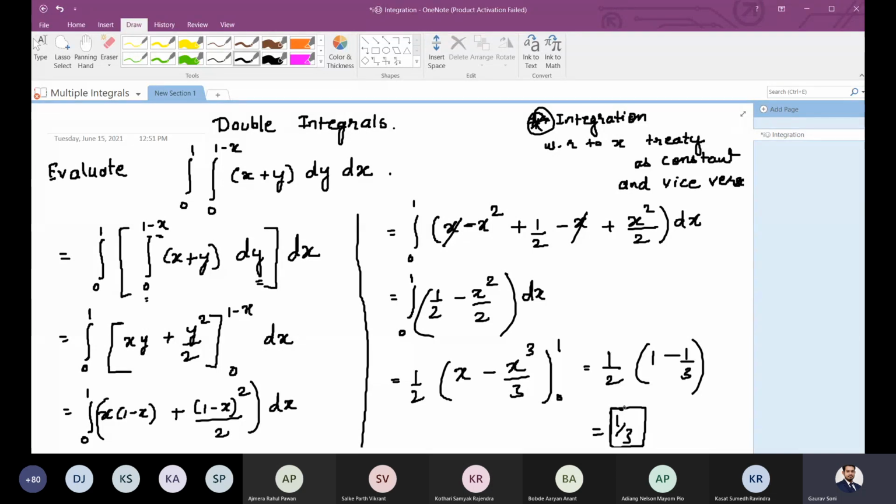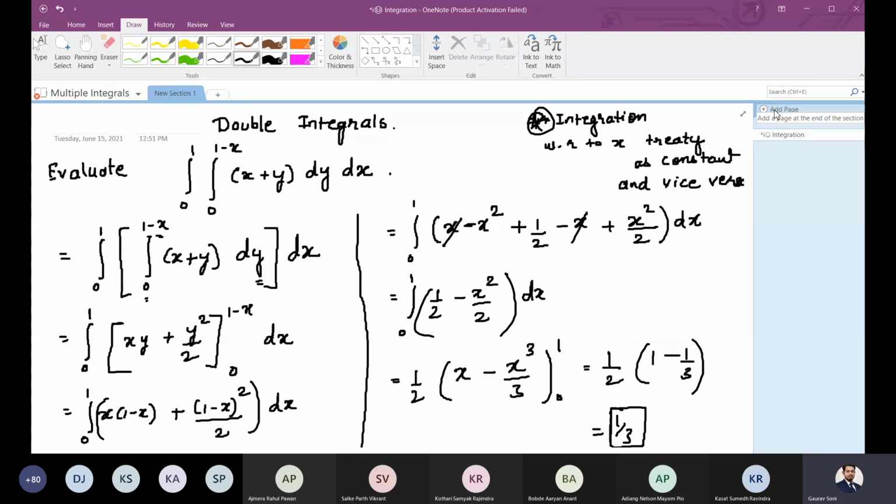You simply remember the rule: if you are integrating with respect to x, you treat y as constant. If you're integrating with respect to y, you treat x as constant. Now I will try to talk about the theory behind this double integral.